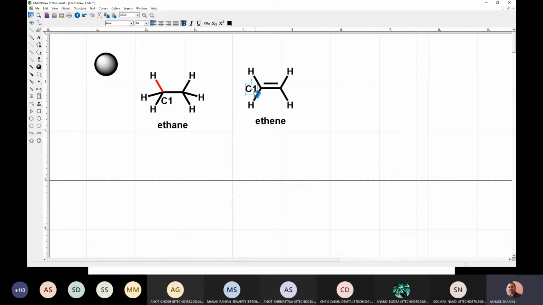So basically, this bond is a sigma bond, and this bond is also a sigma bond, and this bond is also a sigma bond. Now once you have a double bond at this point, these three sigma bonds are already at this point. All three sigma bonds are formed because of sp2.